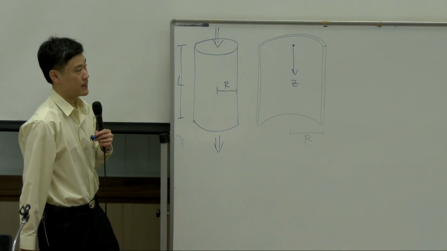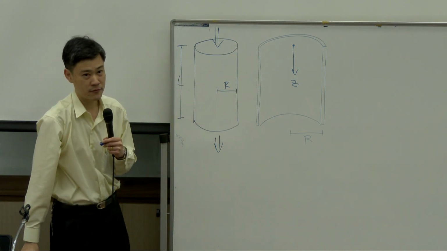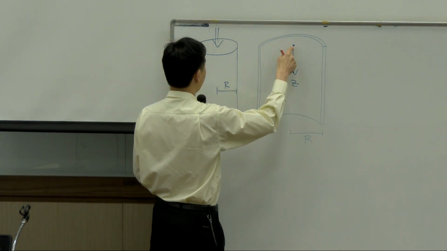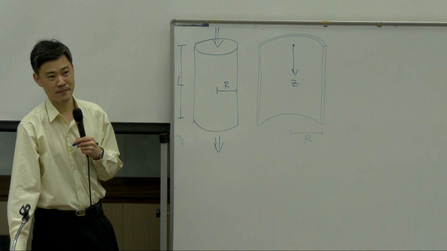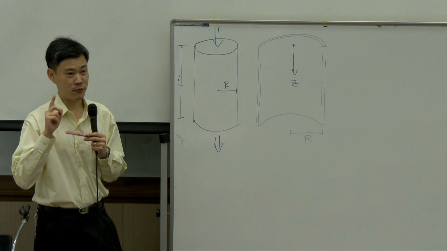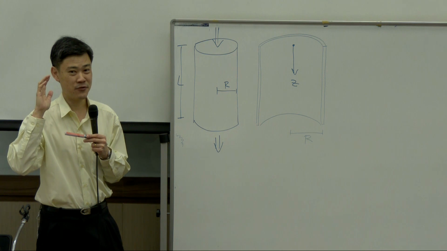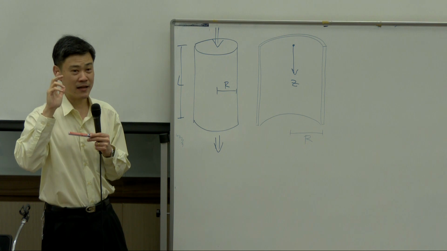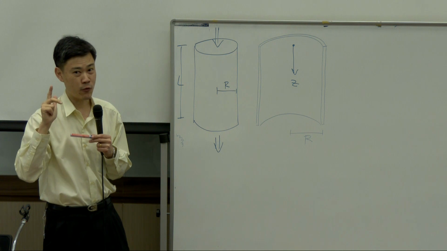Now let me ask you this. If z is going down along with the flow, would r be from origin to the right or to the left? If you try to answer my question by looking at your right hand, that means you are not understanding cylindrical coordinate. Unlike rectangular coordinate, where x, y, and z follow your right hand, cylindrical coordinate does not.